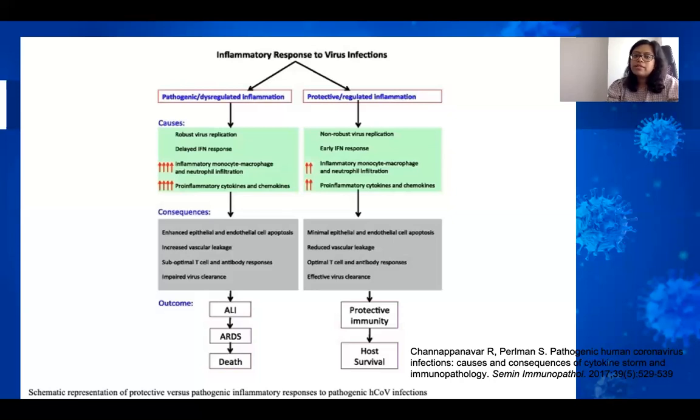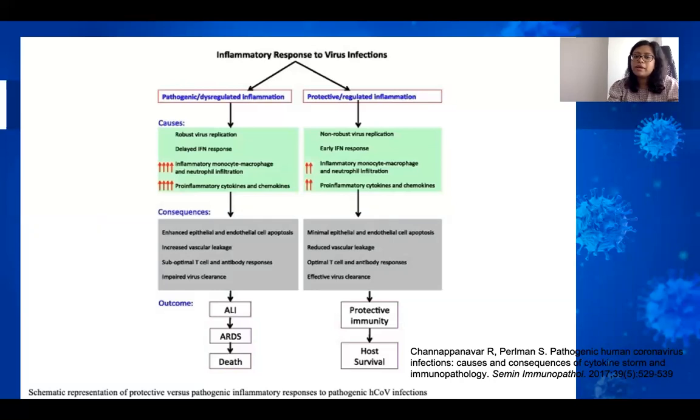In the dysregulated inflammatory pathway, the virus replicates much more. It seems to evade the immune system. There's a delayed interferon response, and there are a lot of inflammatory cells in the area, and these cells produce a lot of pro-inflammatory cytokines and chemokines over and above what's needed to combat the virus.